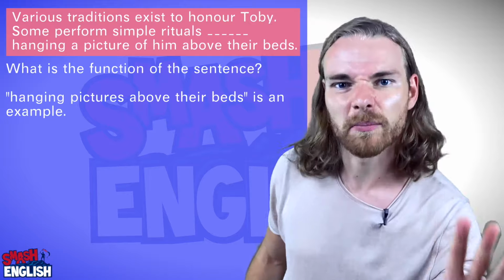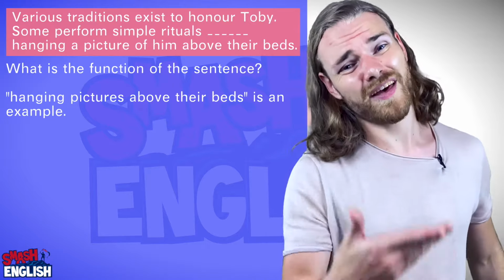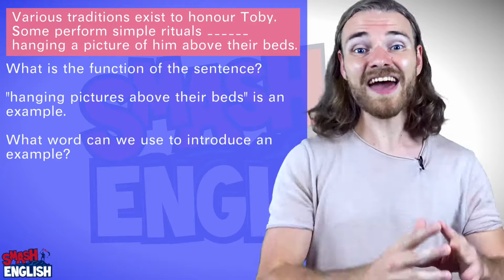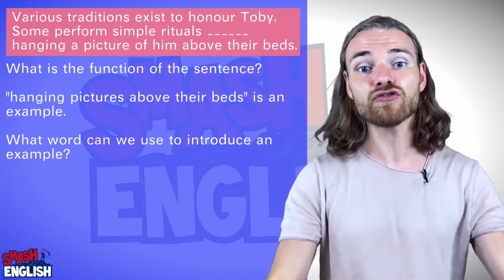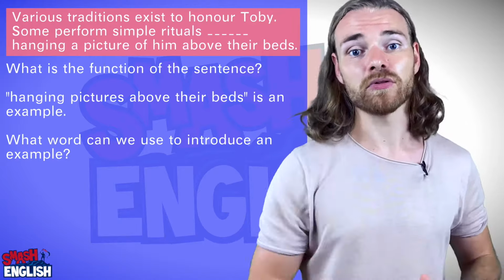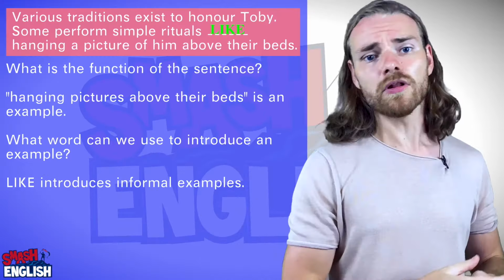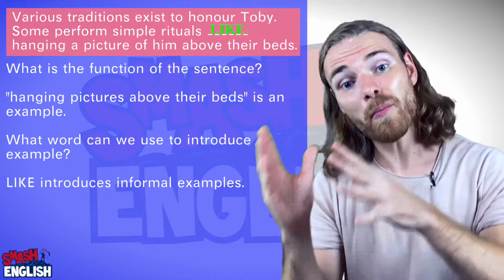Students still sometimes write 2 words, and that's embarrassing. What one word can we use in English to introduce an example? Like. It's informal, but it is used very commonly.